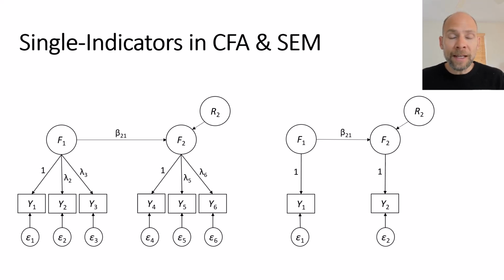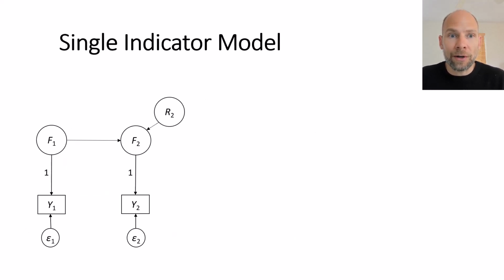So let's get started, and let's take a closer look at the model on the right hand side here, the model with single indicators, and let's see how and when and under which conditions something like this could work. So first of all, we need to talk about what the free parameters in this model are, meaning what are the unknown parameters that we want to estimate.